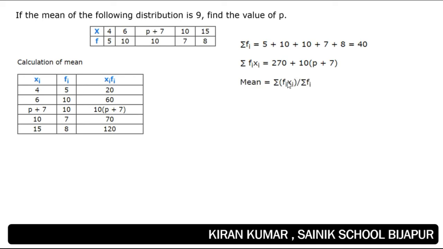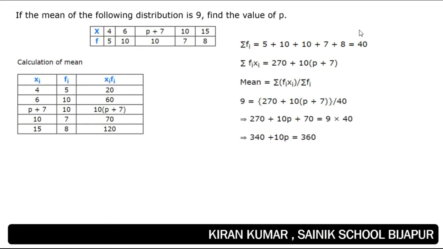I have just multiplied it. Mean will be sigma fi xi upon sigma fi. So mean is known, it is 9. So we find the value of P. We get P equal to positive 2.